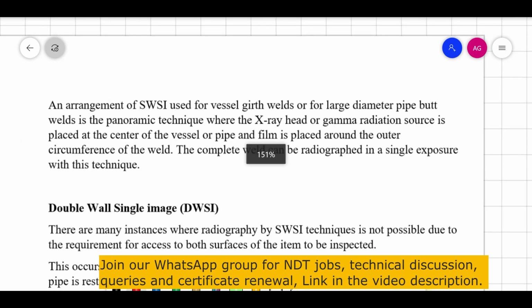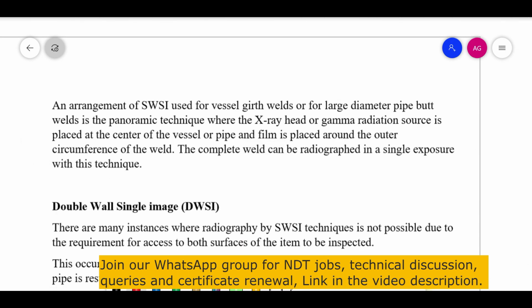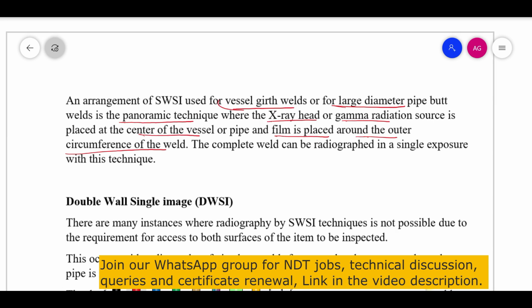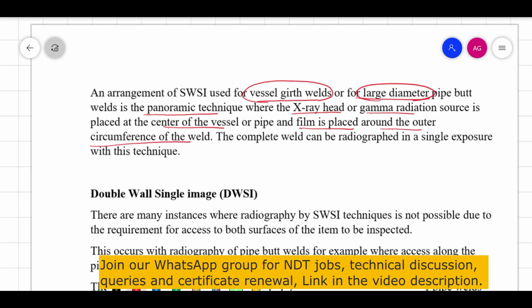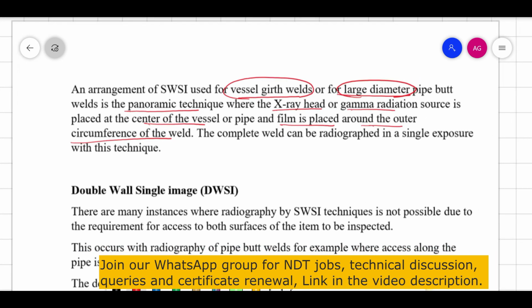An arrangement of SWSI used for vessel girth weld or for large diameter pipe butt weld is the panoramic technique, where the X-ray head or gamma radiation source is placed at the center of the vessel or pipe and the film is placed around the outer circumference of the weld. So you can check a vessel girth weld or circumferential seam and large diameter pipe butt weld with this panoramic technique.